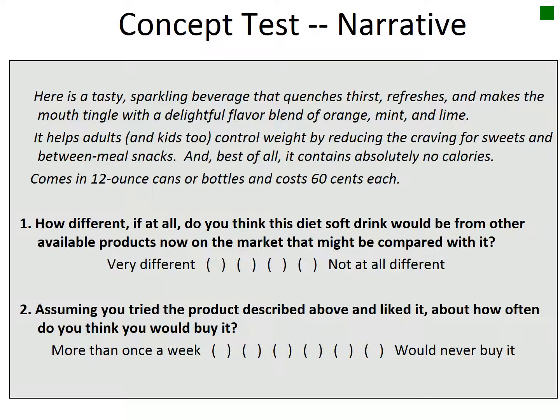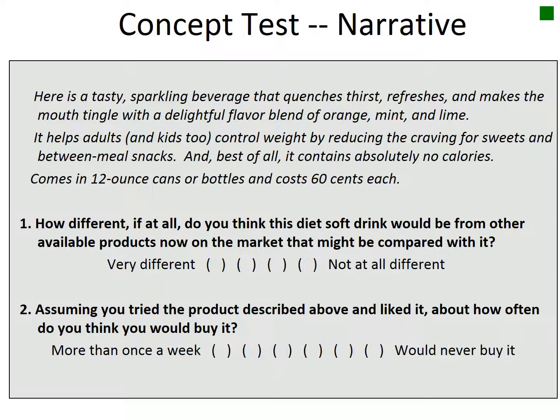How different, if at all, do you think this diet soft drink would be from other available products now on the market that might be compared with it? So this is a measure of how distinctive or different its characteristics might be. Again, we're going to have some difficulty with this type of test because we don't know whether the consumer sees it as different on its ingredients, or the size of the can, or the cost of the can, or the product and so on.